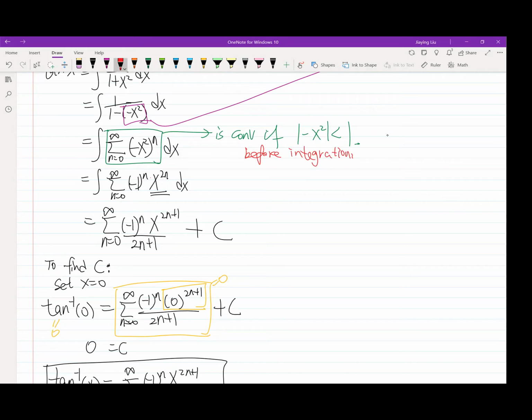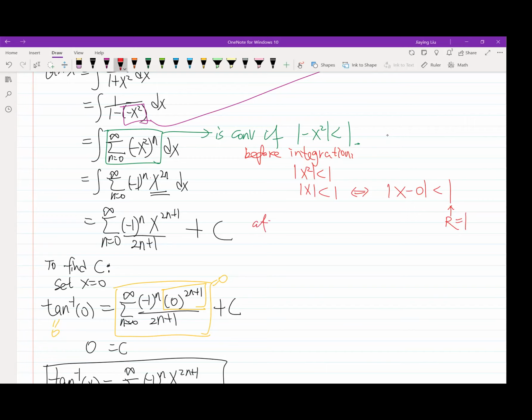From there, I can write the absolute value of x squared is less than 1 by dropping the negative inside the absolute value. And if I take the square root of both sides, I get the absolute value of x less than 1, which is the same as writing absolute value of x minus 0 is less than 1, which tells me that the 1 here is the R value, the radius of convergence, before integration.